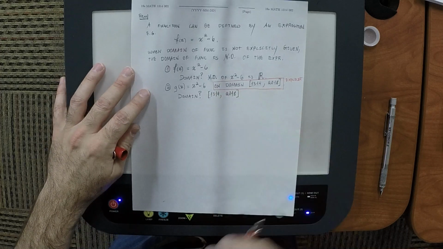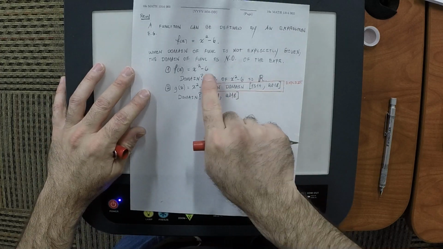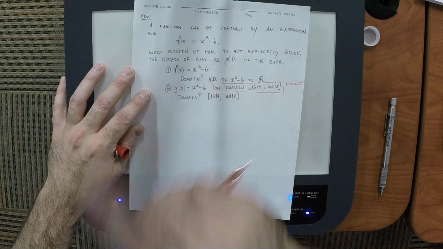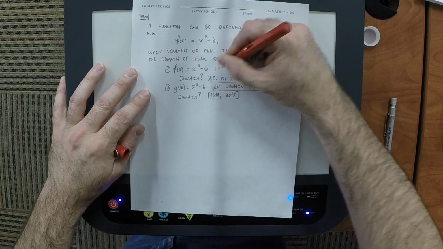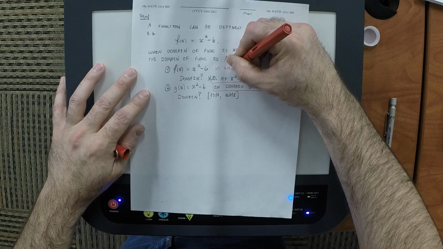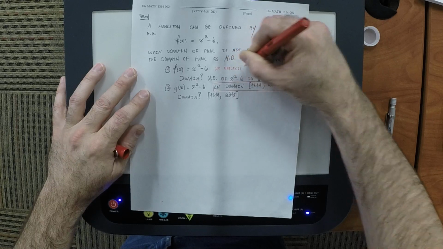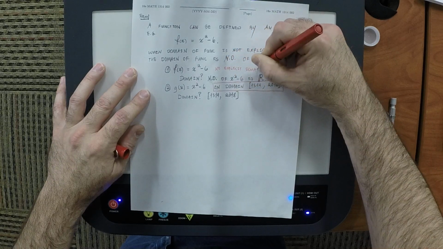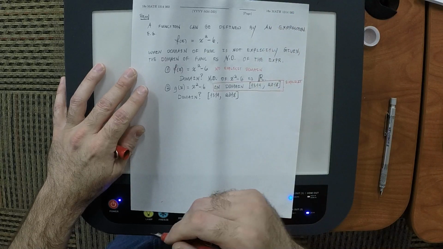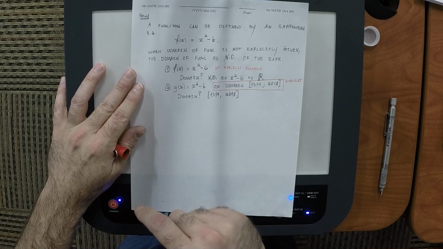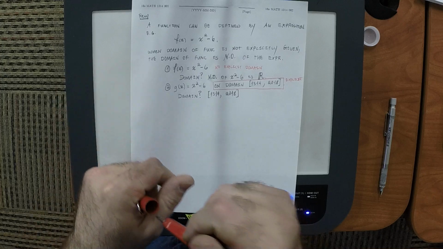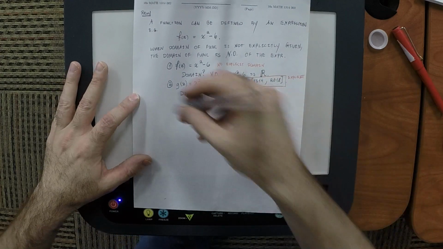As a result, the domain is that. Notice that for f, the domain is not explicit. As a result, the rule above is invoked: if it's defined by an expression and the domain's not explicitly given, then the domain is understood to be the natural domain of the expression defining it. It's a mouthful.